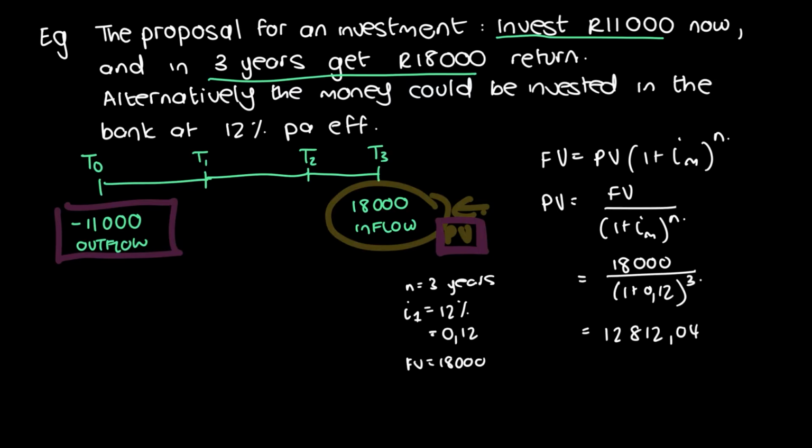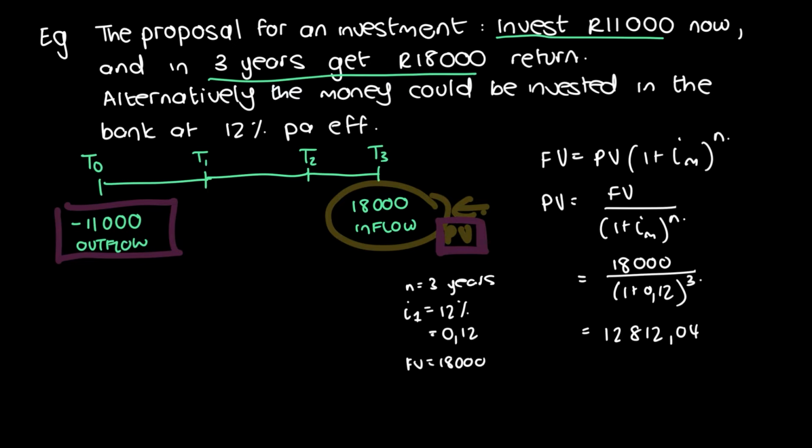So to get the same money out from investing in the bank, we would have had to put in 12,812 Rand and 4 cents. Whereas if we invest in this other investment, we only have to put down 11,000. If you were looking at it as an investor, you would obviously prefer to put down a lower investment amount, so you're risking less money.